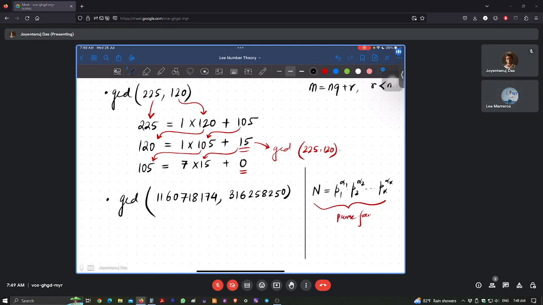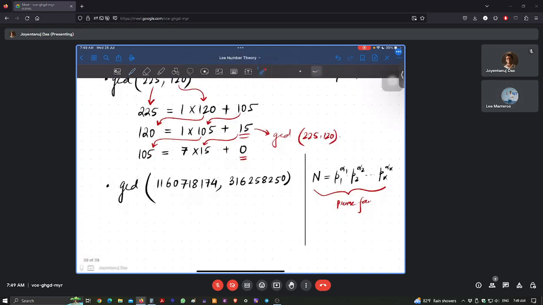But if we have smaller primes like 2, 5, 7, then it is fine, up to 11. If the prime numbers themselves get bigger, it is difficult to find the prime factorization by hand. So the Euclidean algorithm is always the efficient method to find the GCD, right?